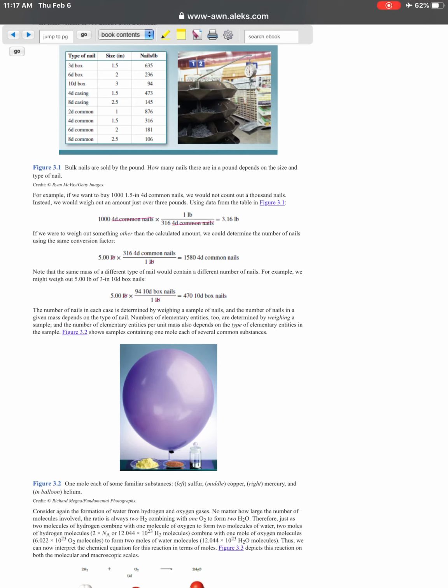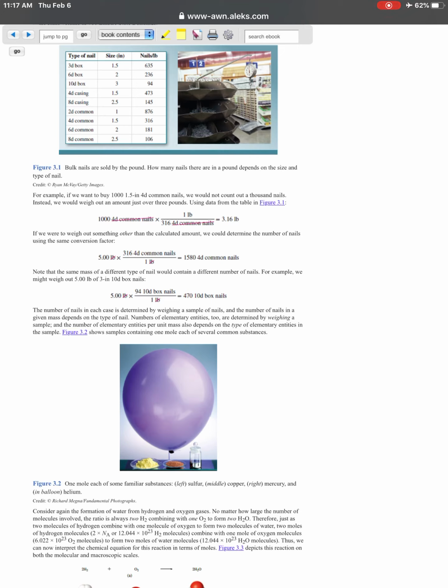So if we have 1,000 nails and 1 pound is 316 nails, we would take our 1,000, that's our given value, our measurement, multiply it by the conversion factor, 1 pound for every 316 nails, and that would tell us that we have 3.16 pounds. What if we went back the other way? What if I said, hey, I'm going to weigh out 5 pounds. How many nails do I have?